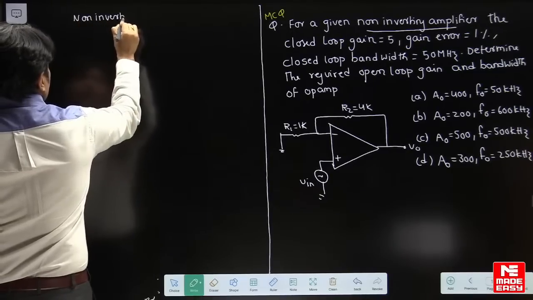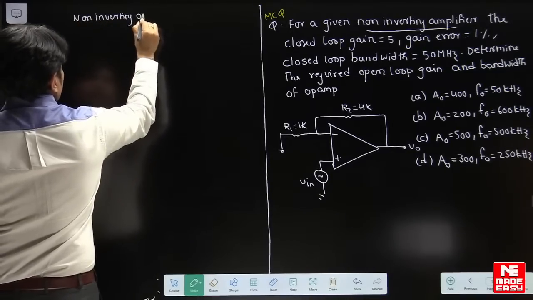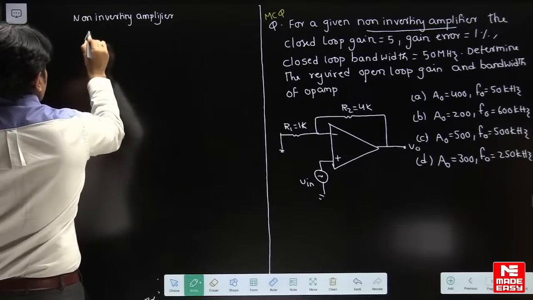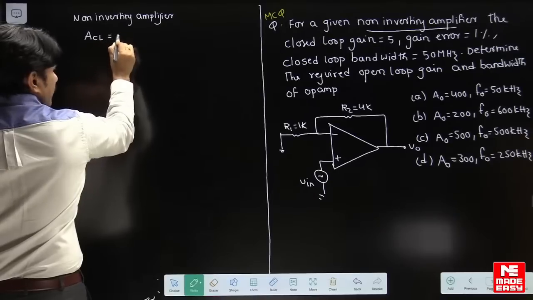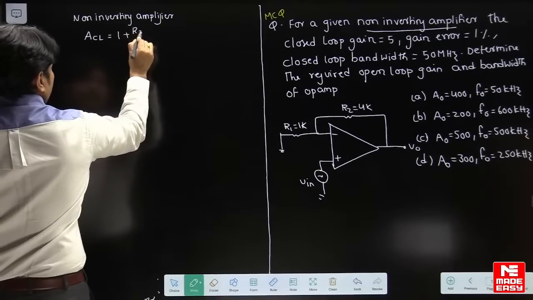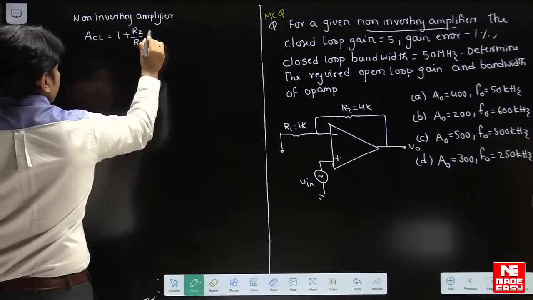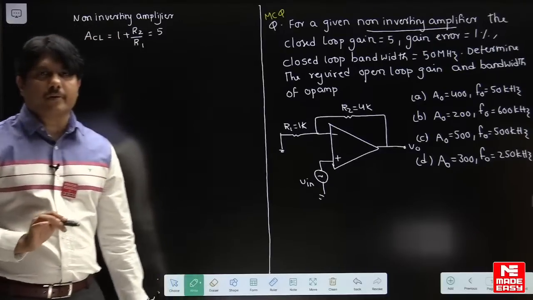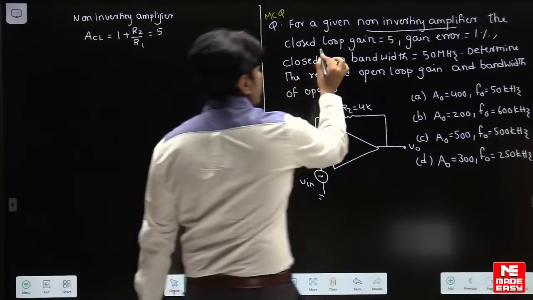Closed loop gain, we know the formula: 1 plus R2 divided by R1, which is equal to 5. Up to here, there is no doubt about the question. So closed loop gain is completed.